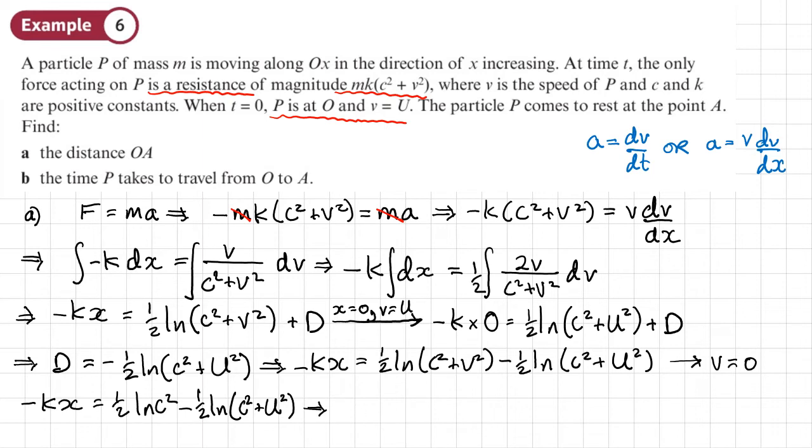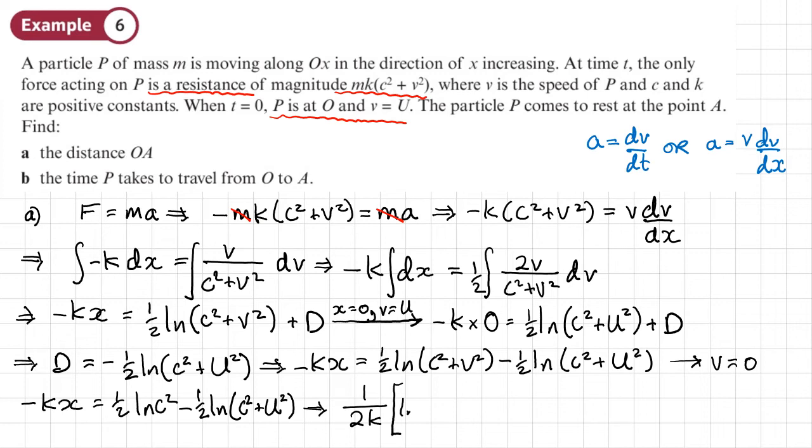So what I'm doing is I'm taking out half as a factor. I'm dividing both sides by negative k. Now when I divide by negative k, what happens is these are going to switch signs. This is going to be the plus term, and this is going to be the minus term. Okay, so it's actually going to look like this now.